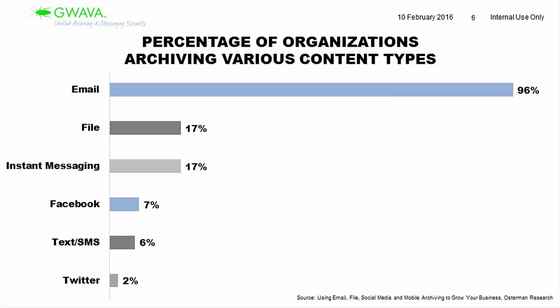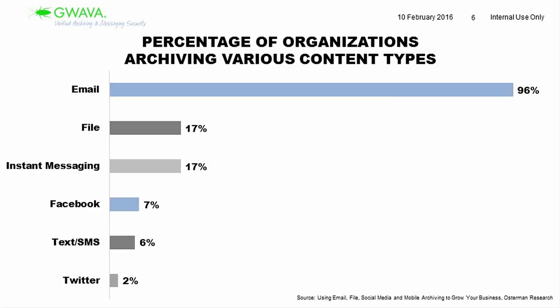Who has access to your corporate social media account? What are they posting? Two, what are people posting to your social media account? What is being said about your corporation? And so it's important for you to be able to go out and see what is going on. And this brings us back to an archiving solution, and we'll talk about the archiving solution that we offer here at Guava.